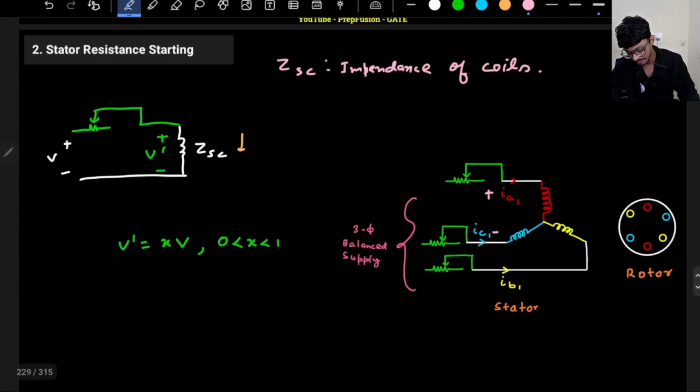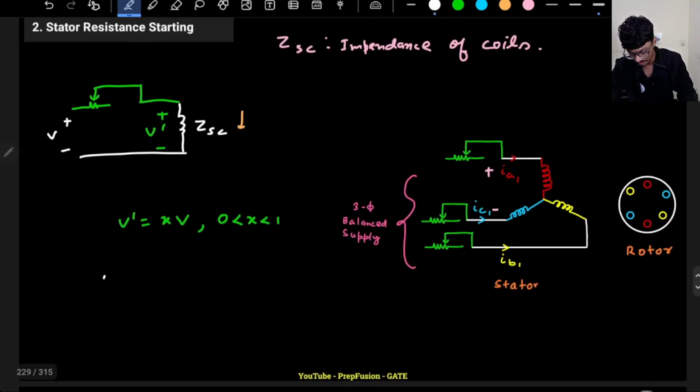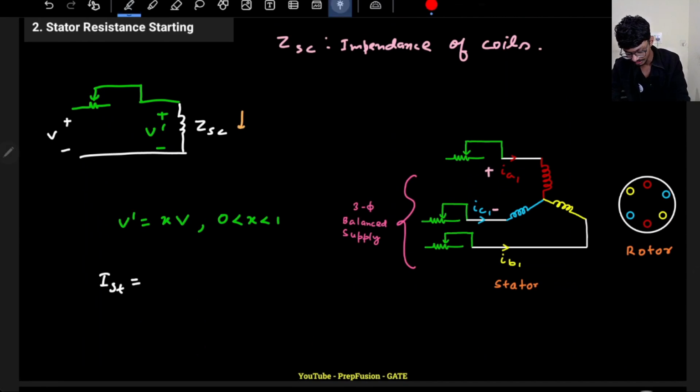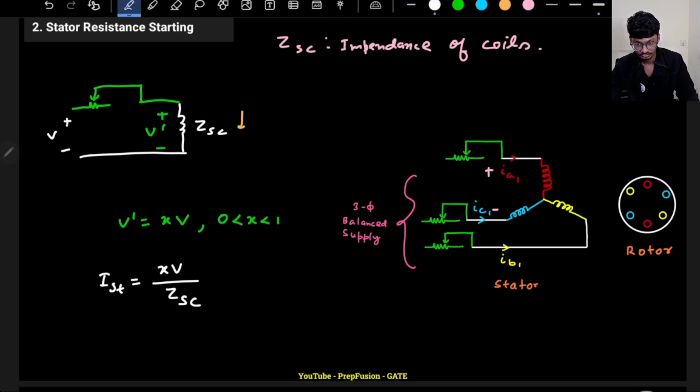What will be the starting current in this case? The voltage is V dash, and V dash is X into V. So it will be X into V divided by ZSC.